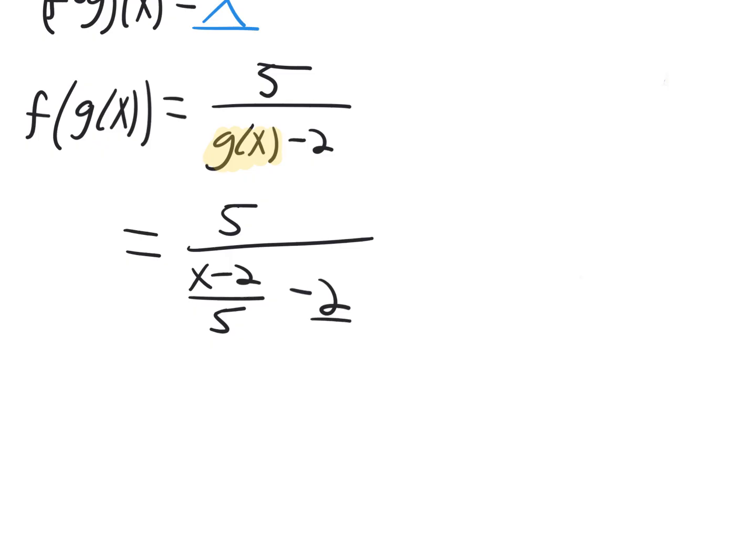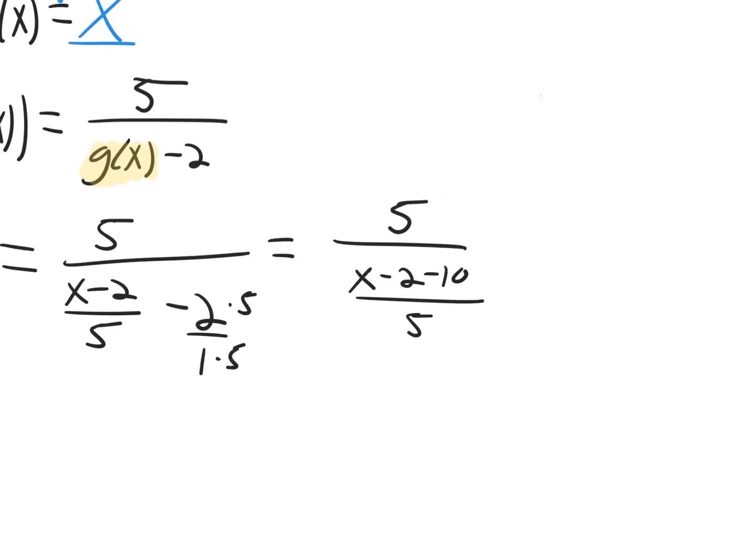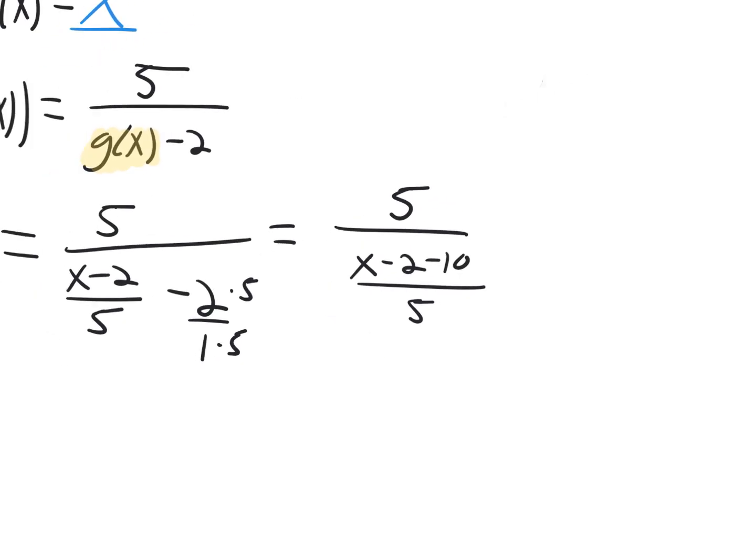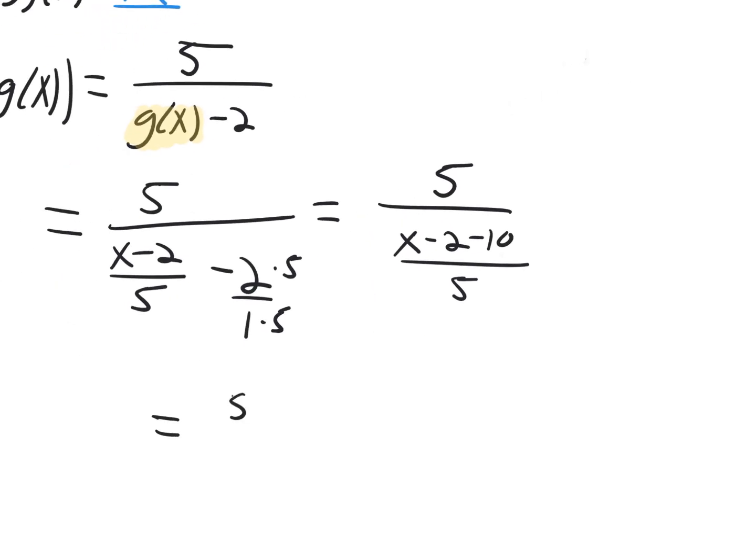There's nothing really that we can do there. The bottom, we can try to get the same denominator. So I'm going to put this over 1, and then I'll do times 5 over 5. So then this is the same as 5 over x minus 2 minus 10 over 5. And then this is going to get us 5 over x minus 12 over 5.